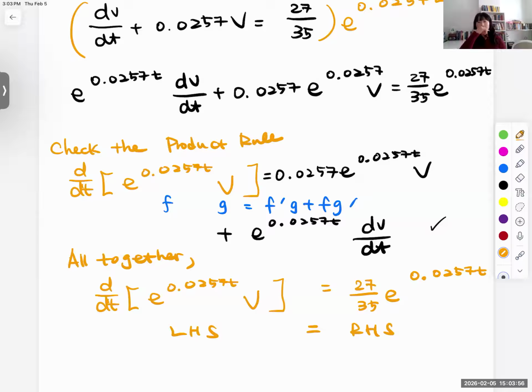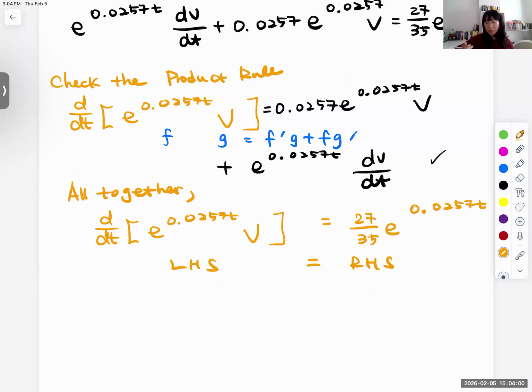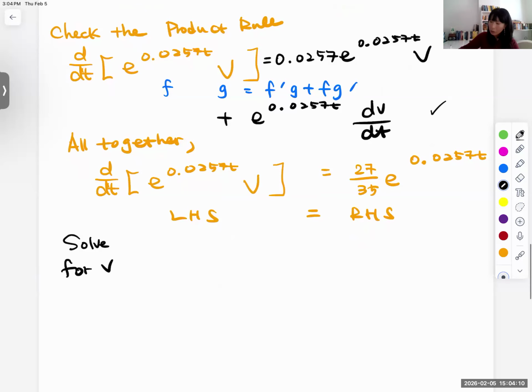Now we want to solve for v, right? How? Integral. So we integrate both sides.